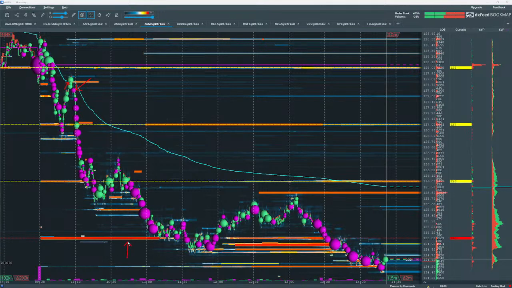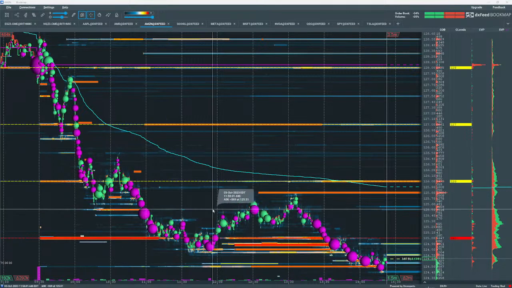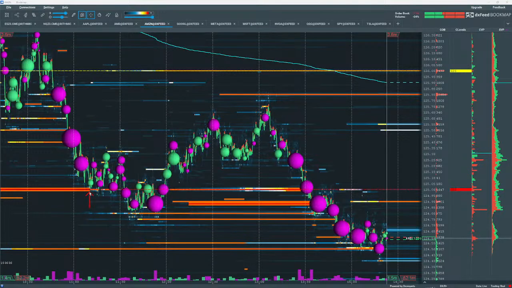This is showing a history of the orders in the order book. These orders below are limit buy orders, below price. The darker the red, the darker the band, that more indicates more orders. Looks like they did pull some. Let's just zoom in on that. So it looks like the orders at 125 were pulled.